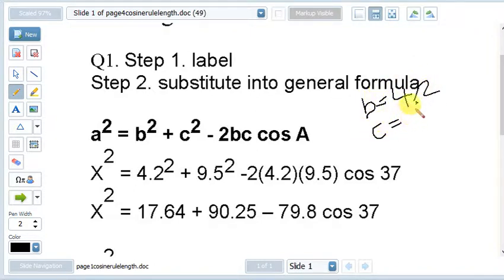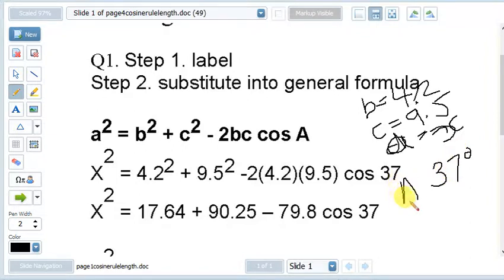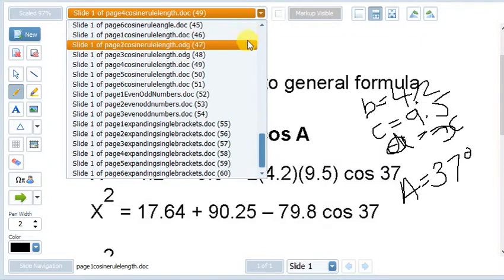c was 9.5, and a was x, and the angle was 37 degrees, and that is big A. Okay, so let's just go back and check that.